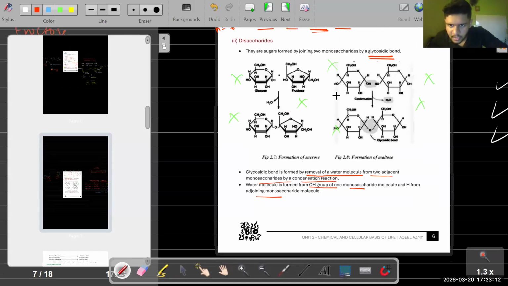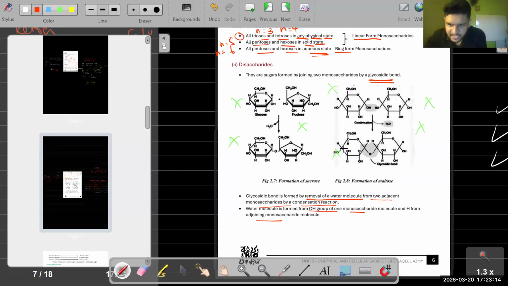Now see here, this is one glucose, this is one glucose. Can you see? Right? Now this is how it looks. Can you understand? Now this is up to you, a question from you: is glucose in solid form or aqueous form here?